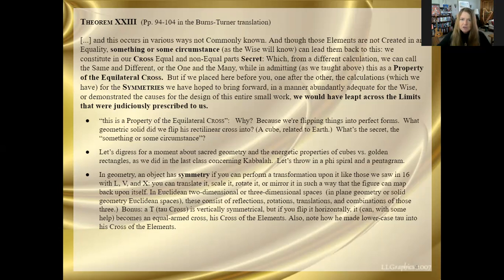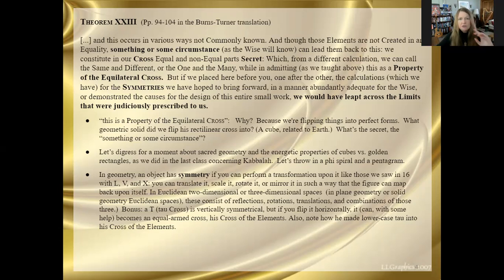You have symmetry in a geometric sense if you can translate an object, like take the L and move it up or move it down, move it around. If you move it this way, that's rotating it, another kind of symmetry. You can make it bigger or smaller as long as it keeps the same proportion. You can mirror it, and he's done mirroring many times through here, in such a way that the figure can map back upon itself. Then it has total symmetry if you do that.